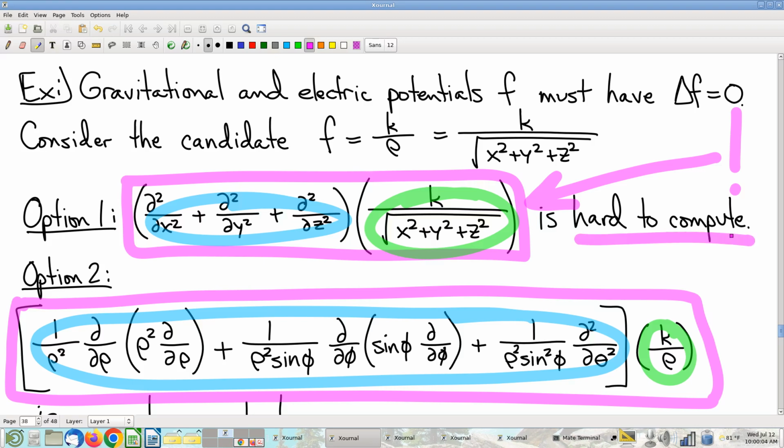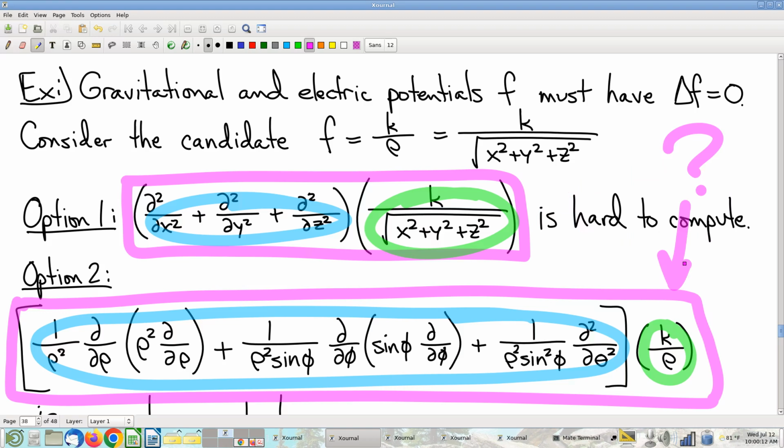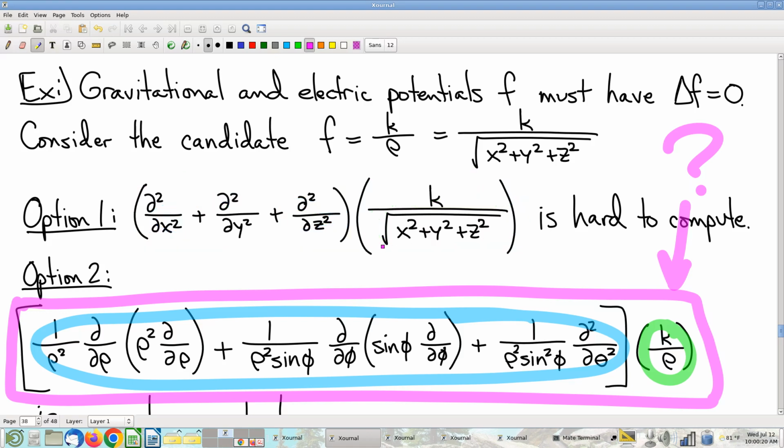And now let's look at the alternative. The alternative over here instead looks worse. I claim it's not worse. I claim it's way better. In fact, I'm going to do this second calculation here right now in front of you. And I'm not even going to have to write anything down. It's that easy.